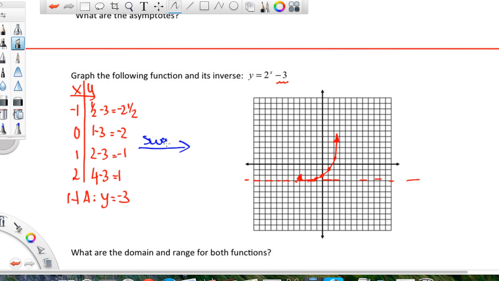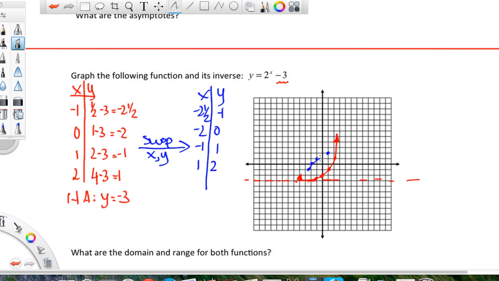Alright, so in blue, the inverse. So we're going to swap x and y again. So at -2.5, I have -1. -2, 0; -1, 1. And then at 1, I should be at 2. So -2.5, -1; -2, 0 would be here; -1, 1 is here; and at 1 I'm at 2, so you're here.